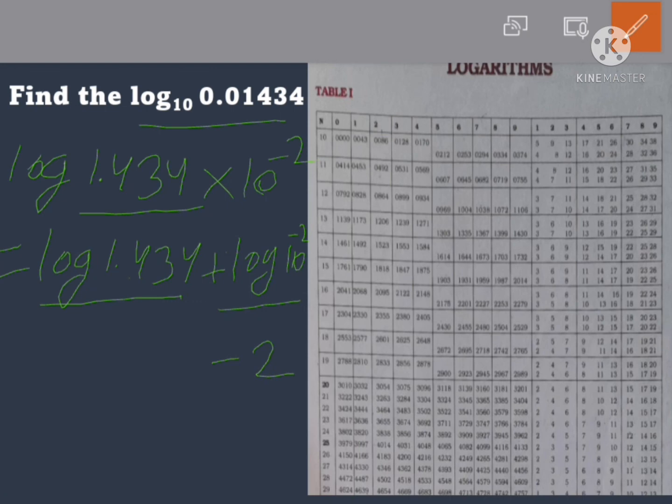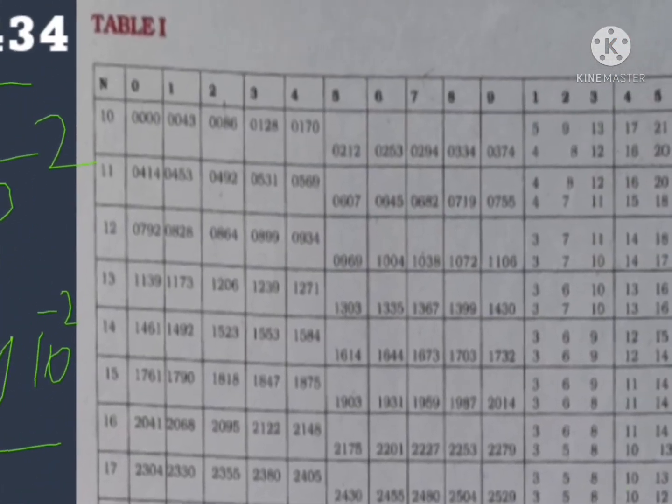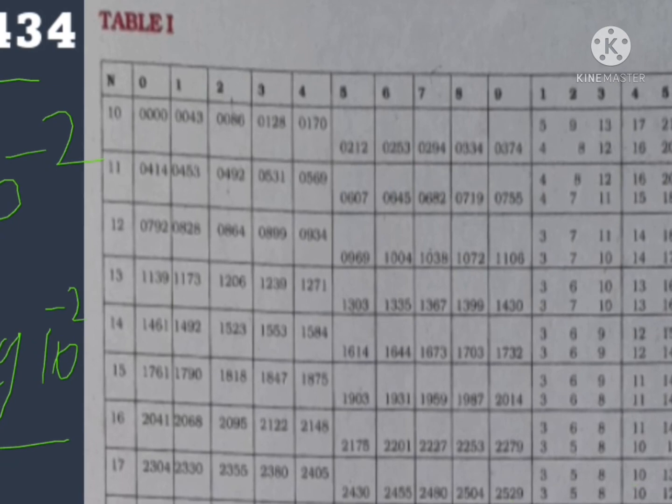So let's find the value for this log using the log table. 1434. So 14 from the vertical line and 3 from the horizontal line, that is 1553, and add it with the 12.